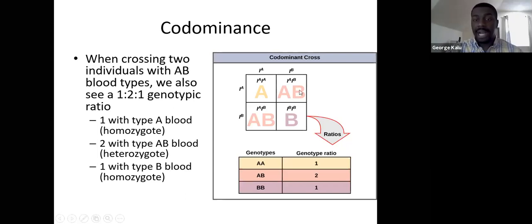If they have IAIB, they're going to have the type AB blood, which we see in these two boxes here. Or if they're IBIB, they will end up with type B blood. So we still see that same 1:2:1 genotypic and phenotypic ratio: one homozygote with type A blood, two heterozygotes, and one homozygote with type B blood.